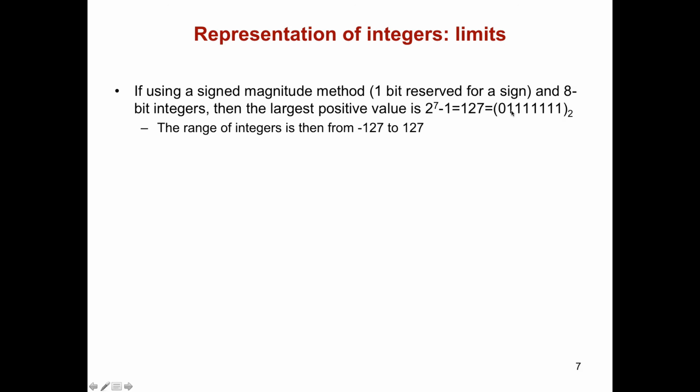So I have a sum of all of the powers of 2 up to the 6. Based on the formula I wrote here, that's equal to 2 to the 7 minus 1 divided by 2 minus 1, which is 2 to the 7 minus 1. 2 to the 7 is 128, so the largest number that I can have here is 127. Now, the range of integers that I can then represent, since I have this 1 digit reserved for a sign, is from minus 127 to 127.